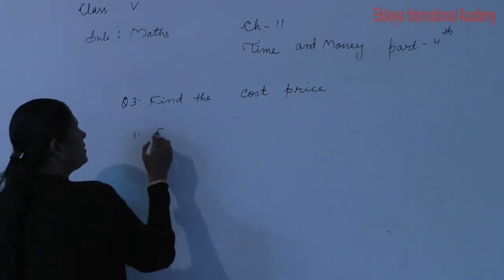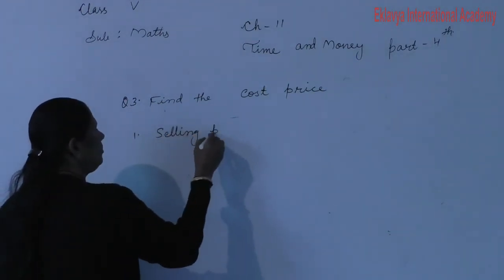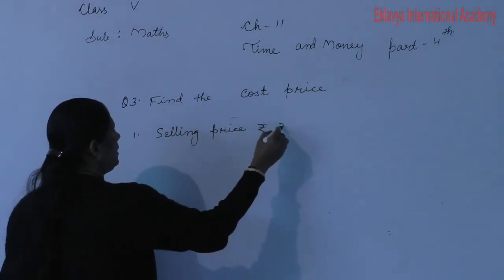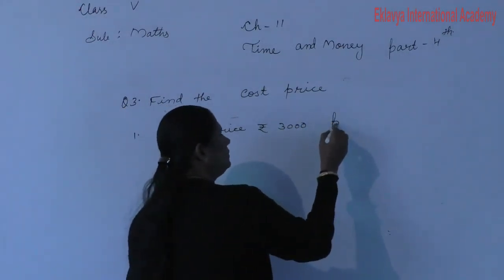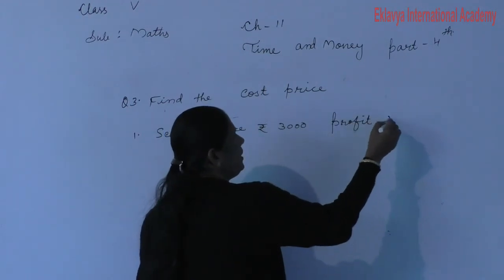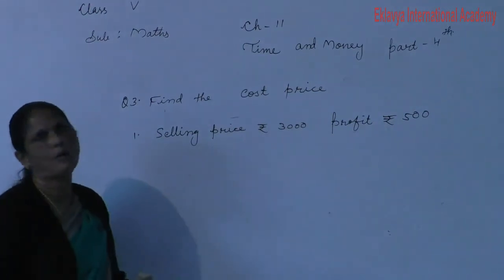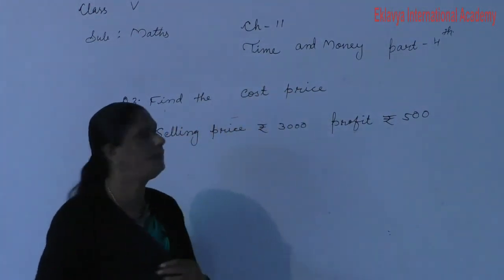First, selling price rupees 3000. Profit rupees 500. Our question is to find the cost price.